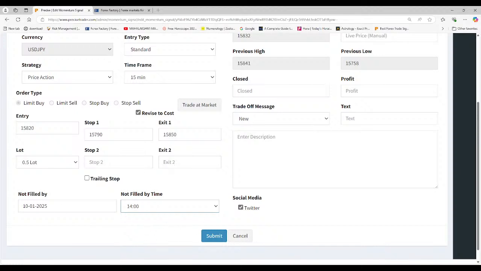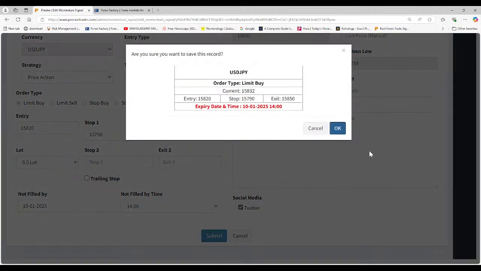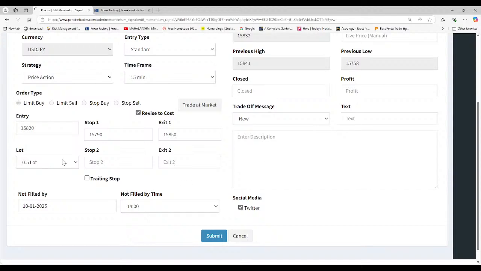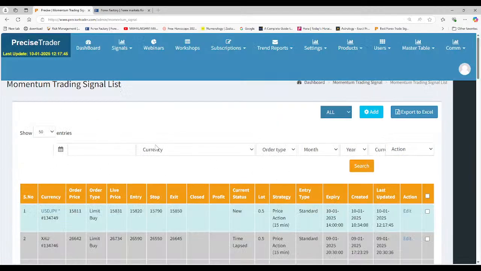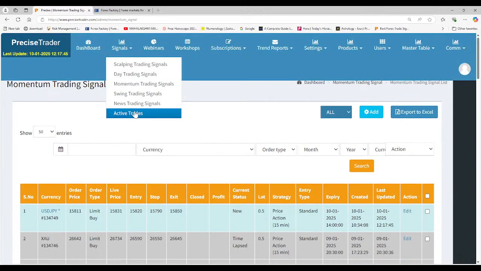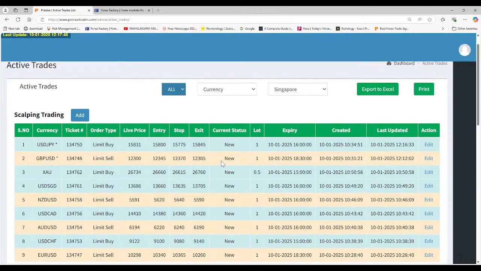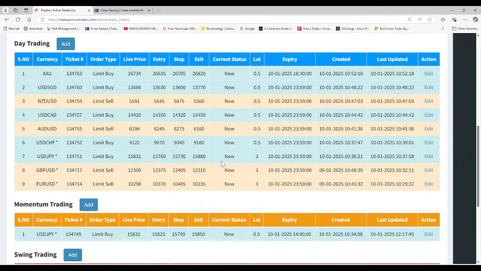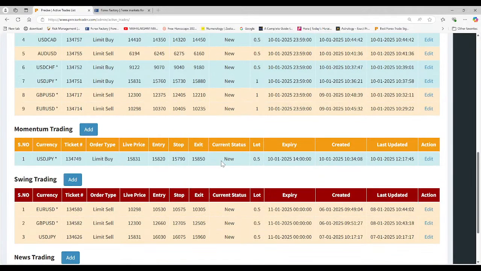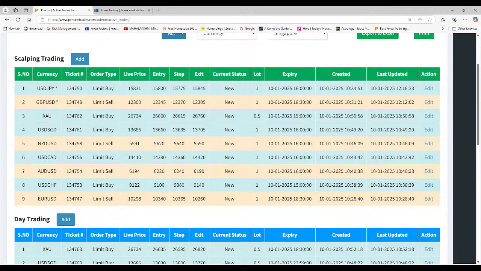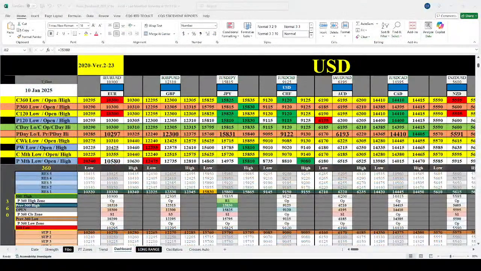Okay, so we will try to be in this trade. This is only 30 pips. If it's half lot, then it's only 15 pips, but since we have no trade on hand, we will try to go for this trade. Okay, now let's move on to the next currency.